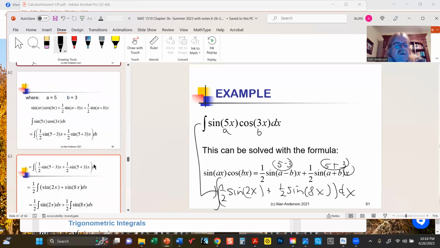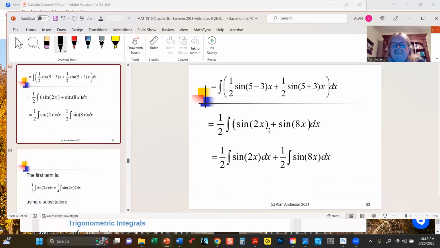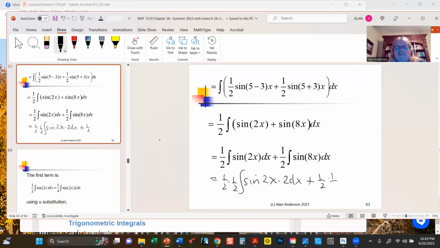So we end up here, and we integrate them each individually. And now each one by itself can be solved with u substitution. Now here I'm providing the constant that I need, but don't have.